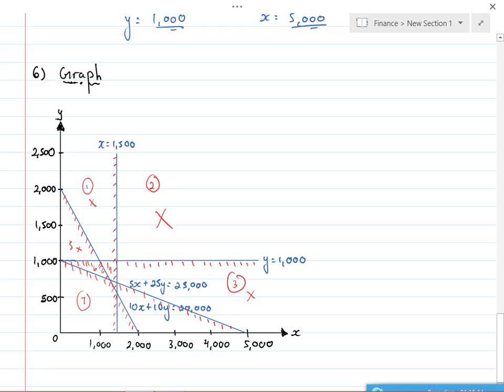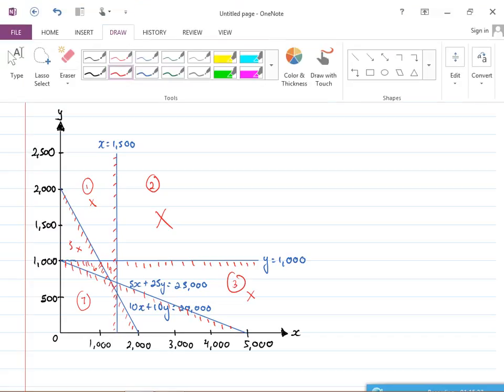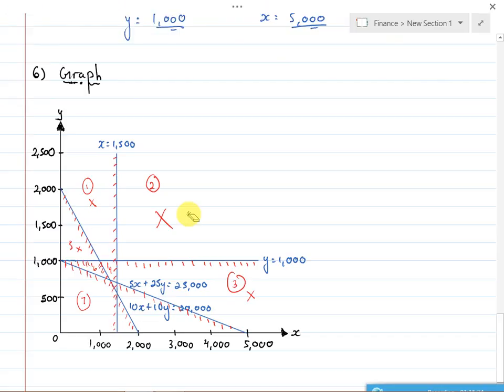So the area covered by the most lines is your feasible region. Understand? Don't go and simply choose. Cannot. That's the proper answer. Okay? So you have to do the same thing in the exam.